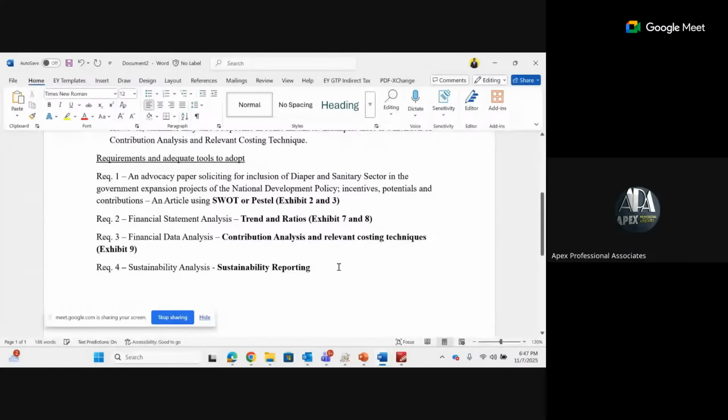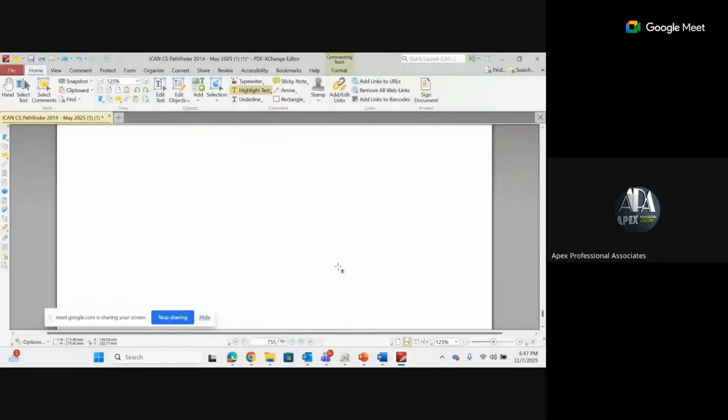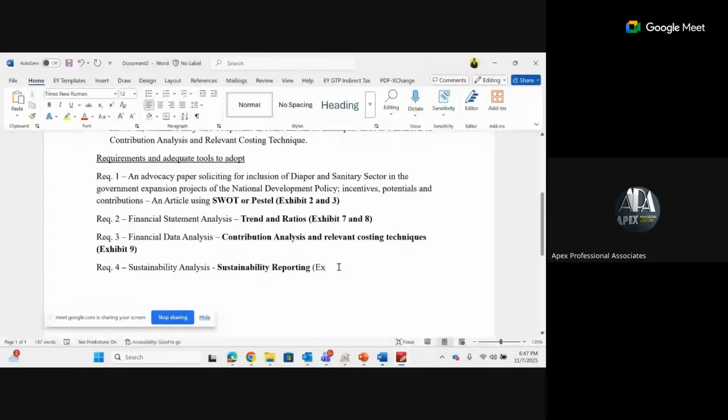While this last one, sustainability, yes, Exhibit 5. And the last exhibit, Exhibit 10, from what we read the other time, will be useful for this.